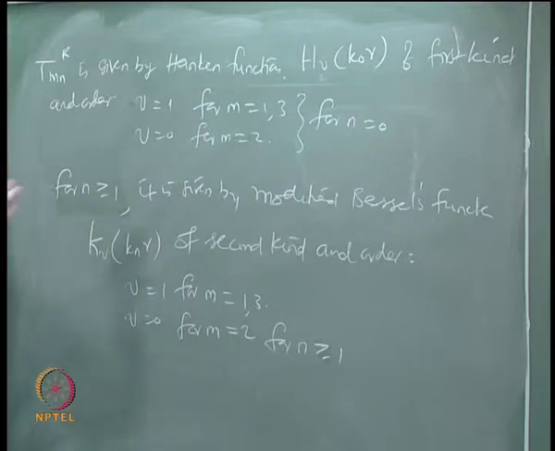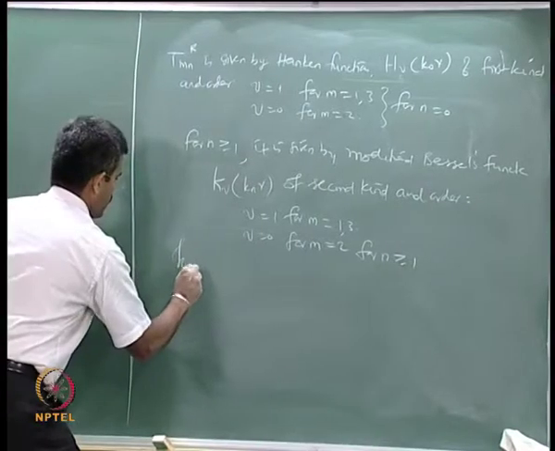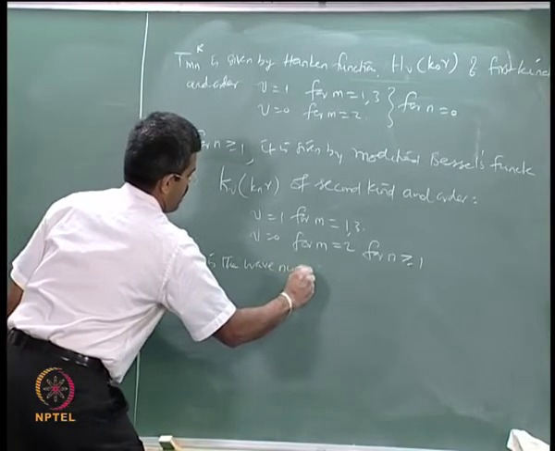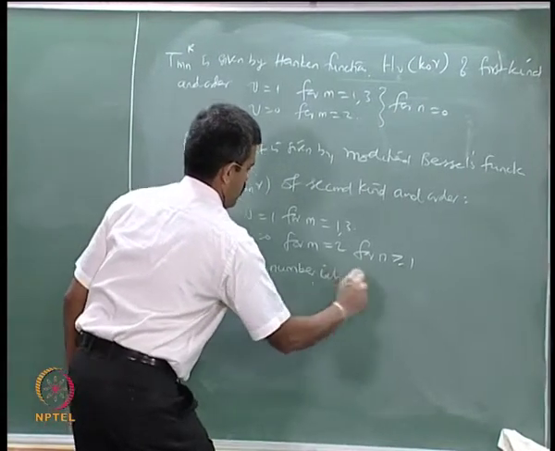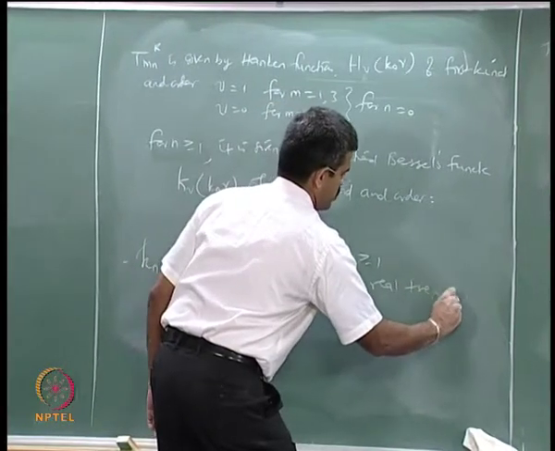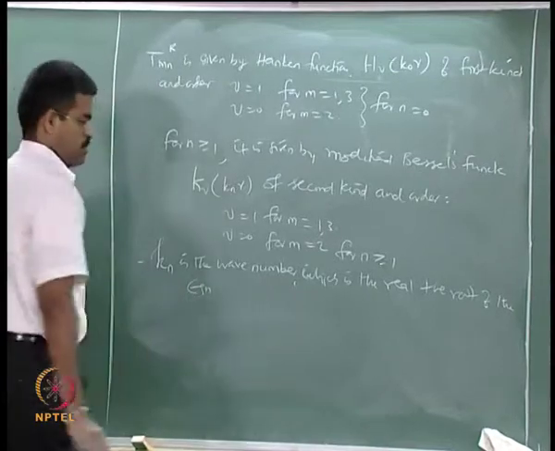So, as usual we know that Kn in the argument here is the wave number, which is the real positive root of the equation.